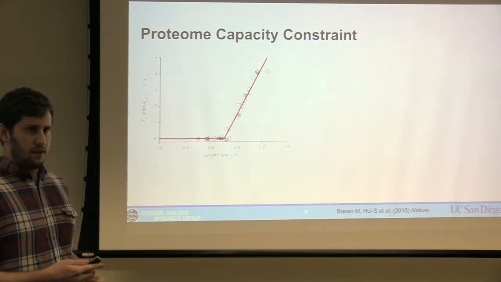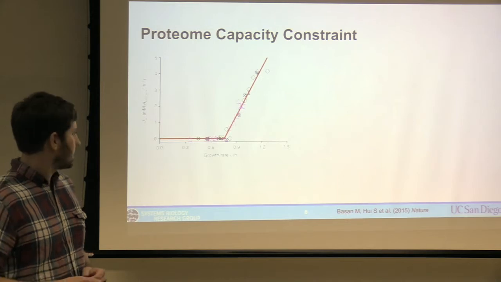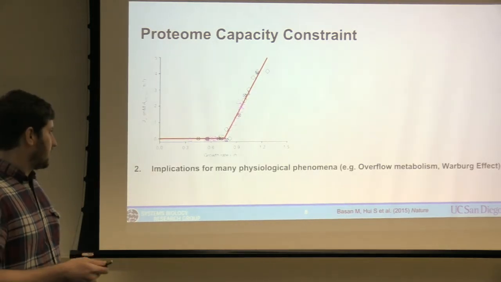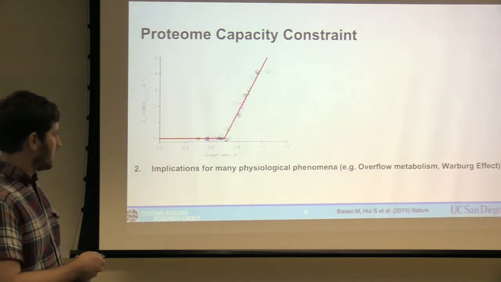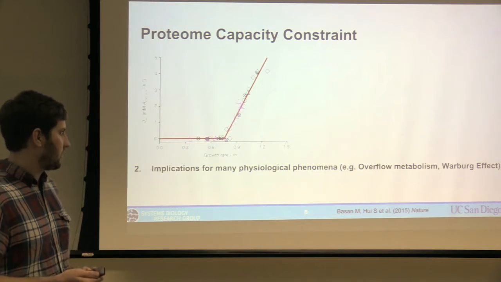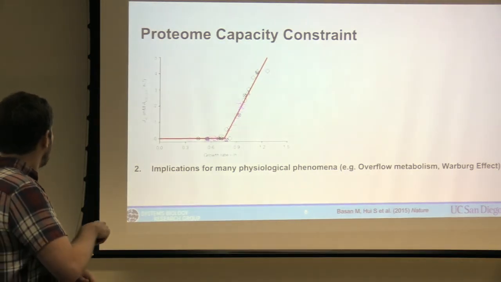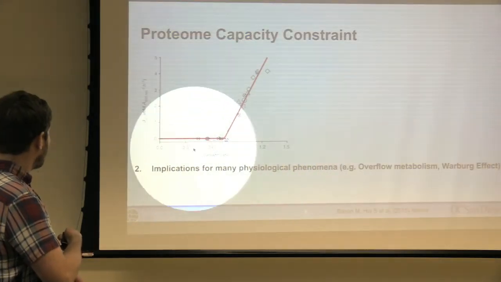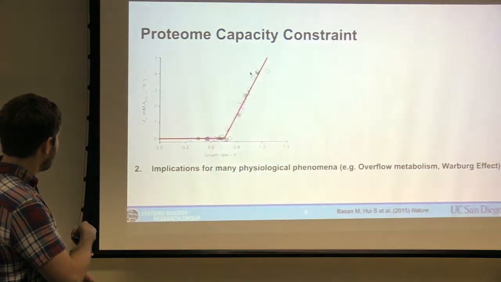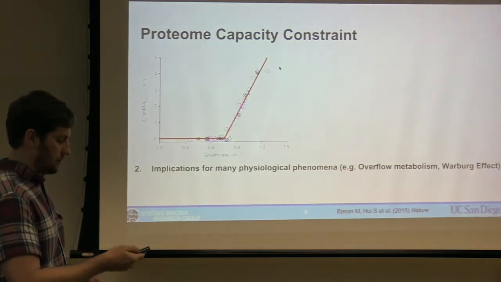The second reason we're interested in studying proteome capacity constraints and the way they affect networks is that this has implications for many physiological phenomena. One example here is overflow metabolism in E. coli, called the Warburg effect in cancer cells. Basically what we see is that as E. coli reaches a certain growth rate, it starts secreting acetate in order to maximize its growth rate.